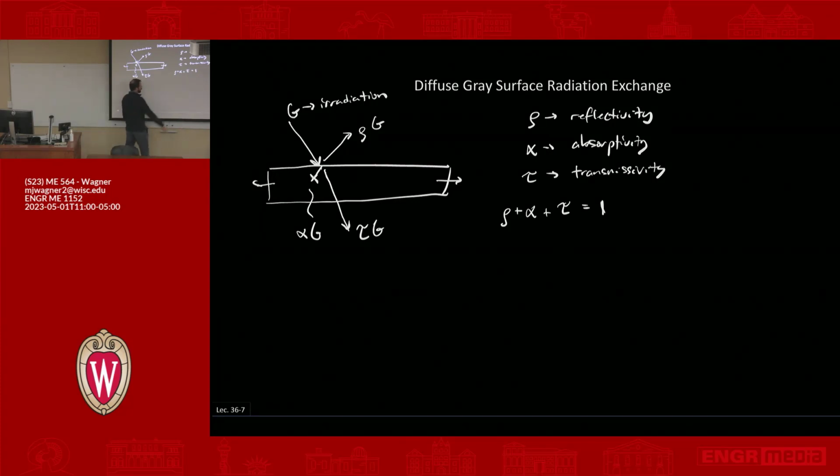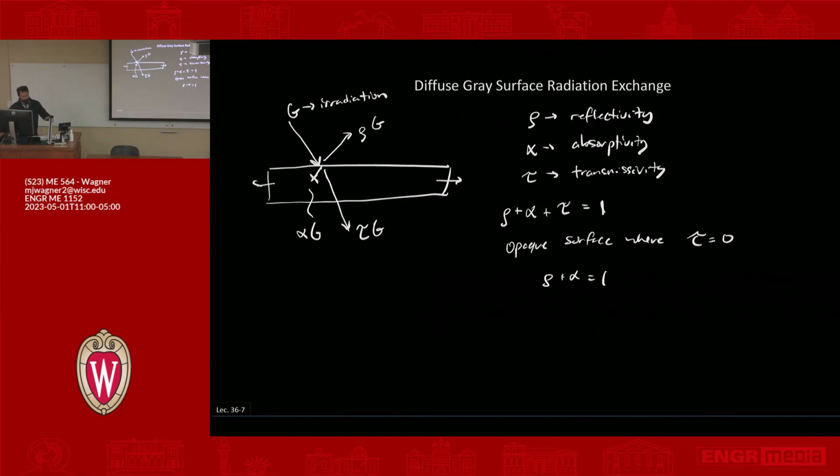But these all have to add up to 1. Furthermore, if you know it's an opaque surface where tau is equal to 0, then of course rho plus alpha equals 1. So in most opaque surface situations, there's a direct relationship between reflectivity and absorptivity, and they're complementary and have to equal 1.